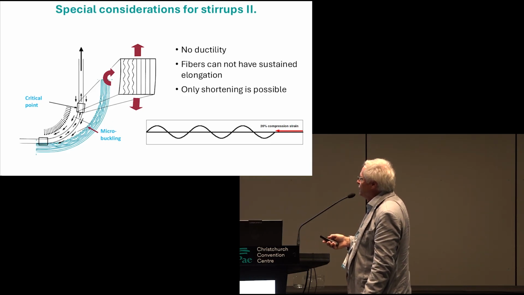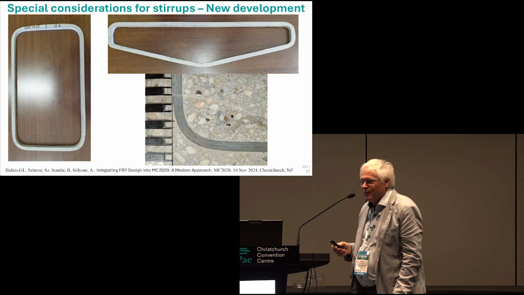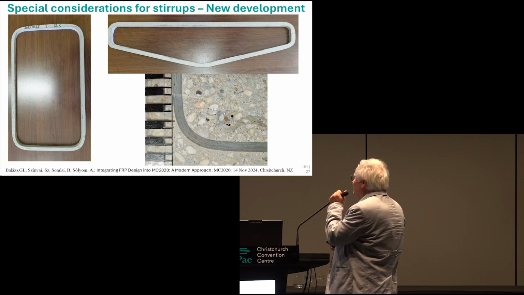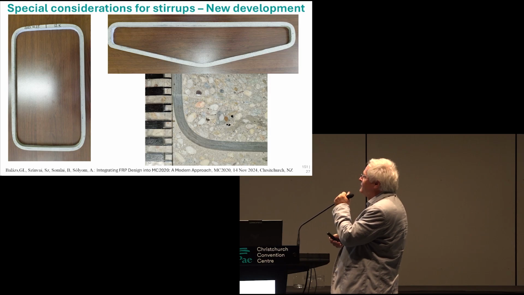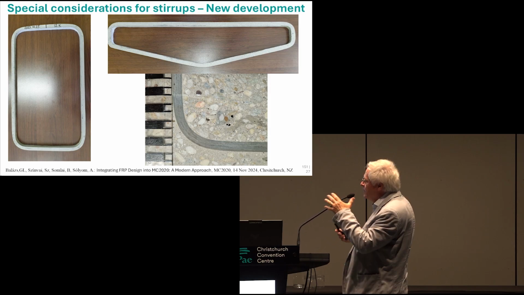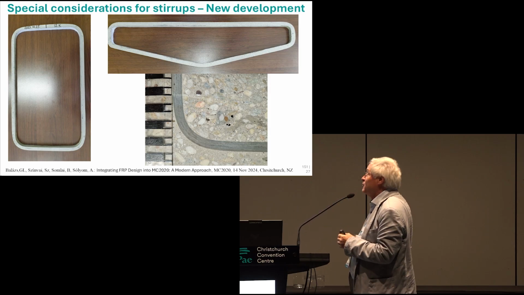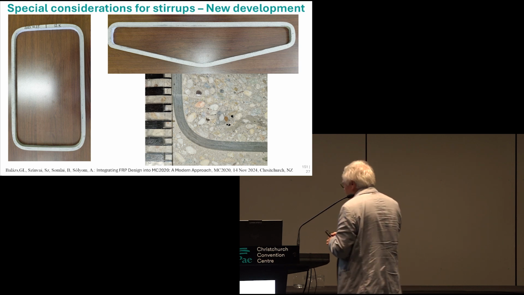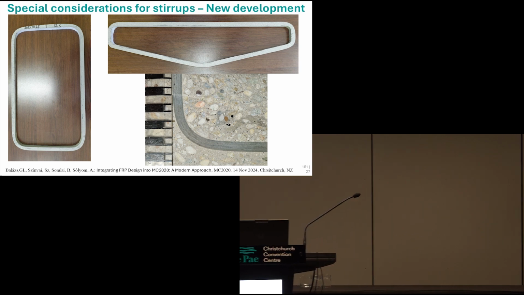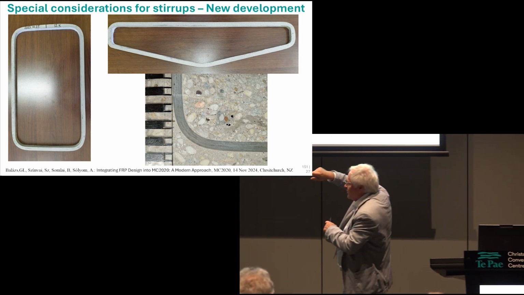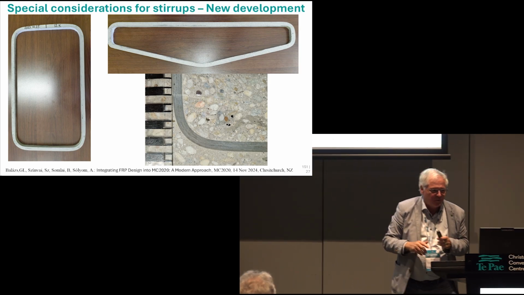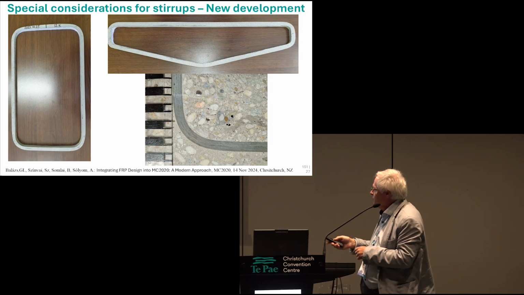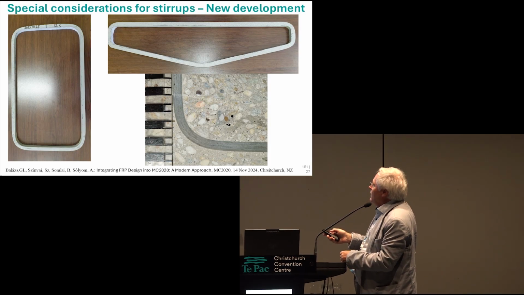Many companies are working on that, and we are also working on that. This is one of the developments by us, and we hope to arrive at a much higher value. You can see that the fibers here are hard, and there is no deformation of the fibers in the smaller radius.